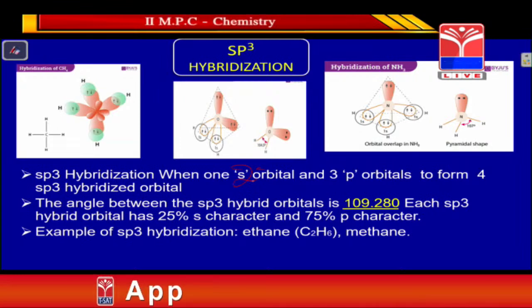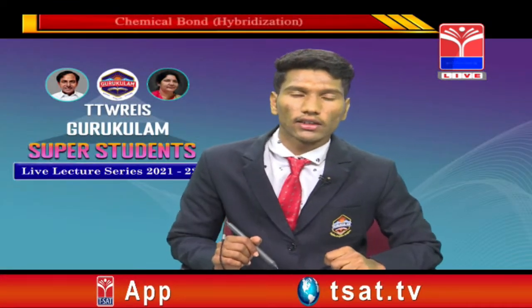In sp3 hybridization there are different bond angles and bond shapes.